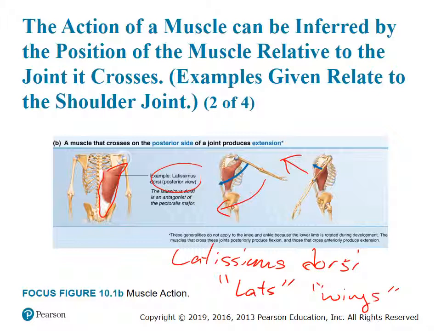You can use the same example and say, we have the body in anatomical position, and my initial move with my arm is to swing it forward or flex. And so the prime mover there is going to be our pectoralis major muscle, and our antagonist is going to be our latissimus dorsi muscle. So they get interchanged is what I'm trying to say here, okay?